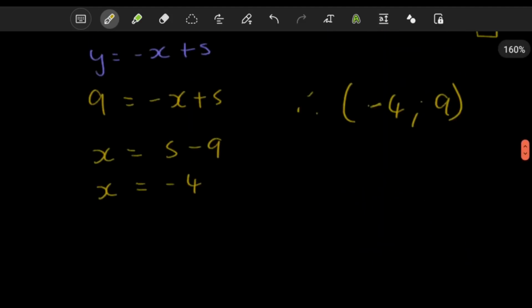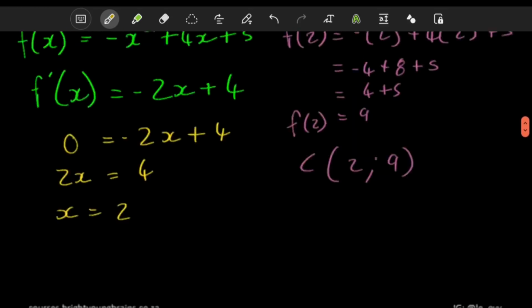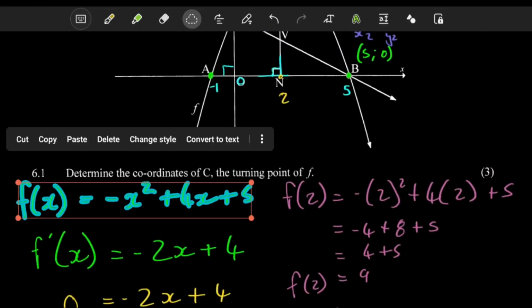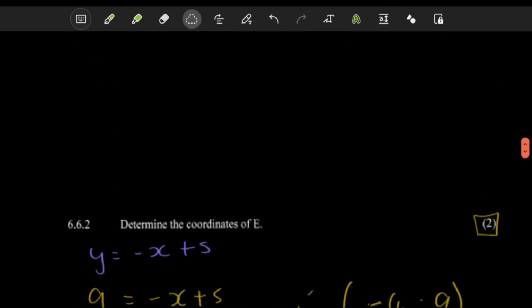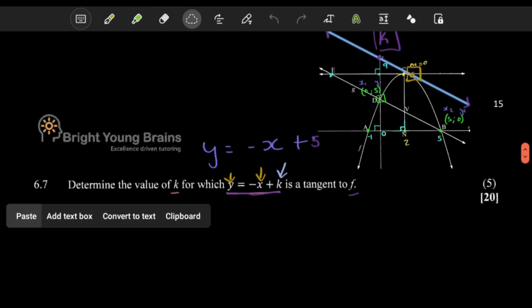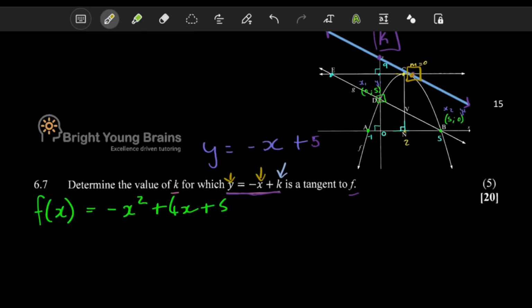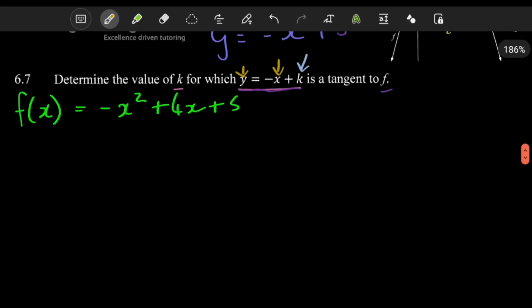In our original parabola, we need to find a coordinate where the gradient is -1. To do that, it's nothing crazy. We just need the gradient equation of this equation.